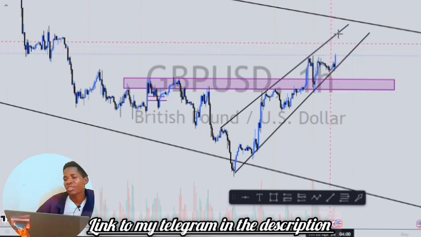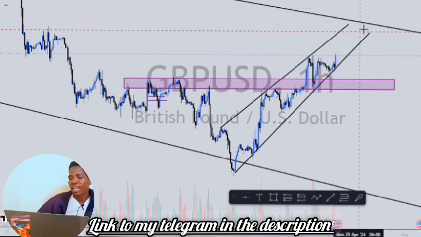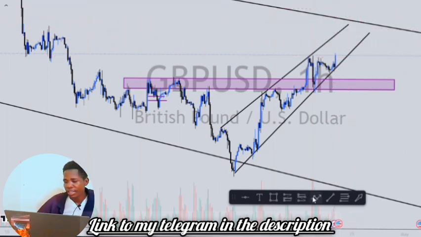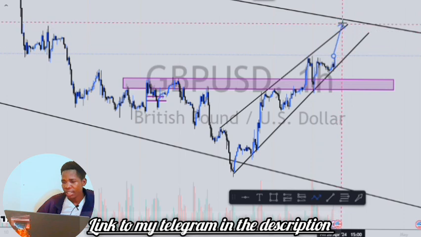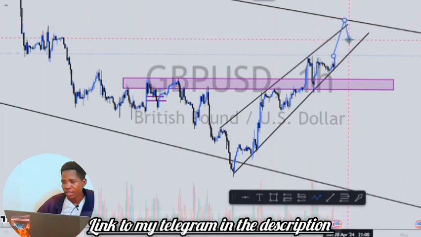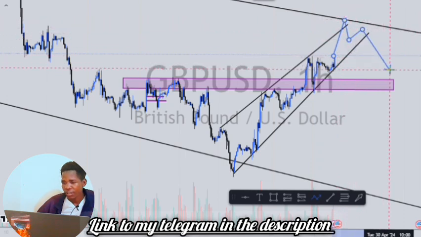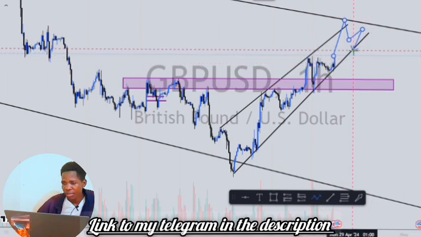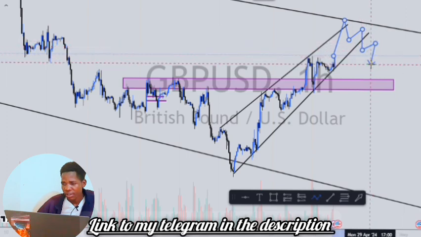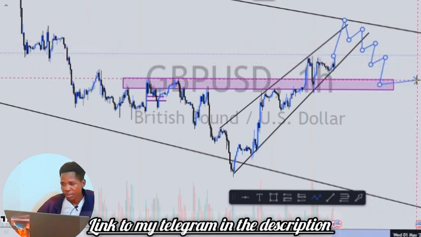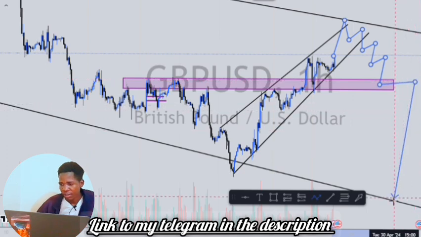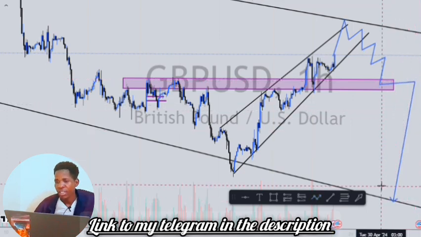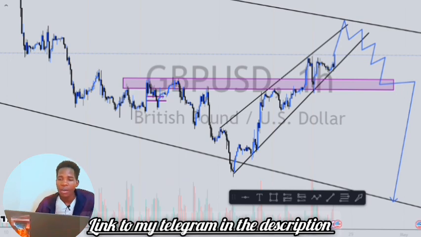If the price goes up to this trend line, I will come and sell this market from there. Of course, the market moves in an upward and downward movement. So that's how I could have capitalized on that trade.